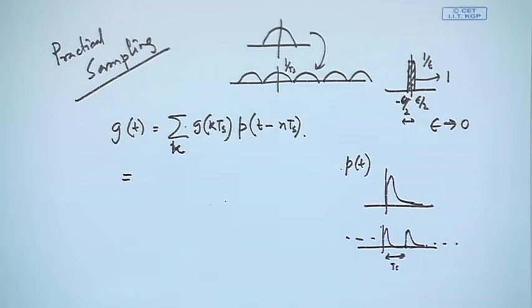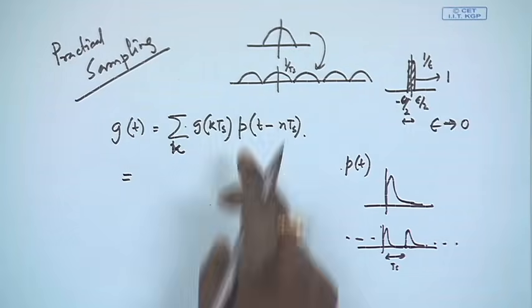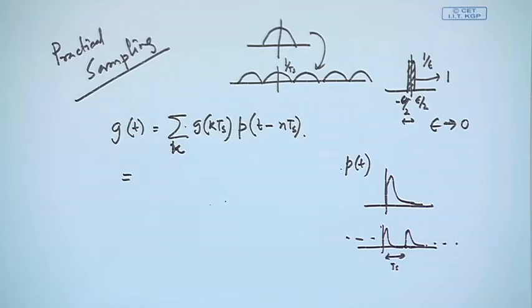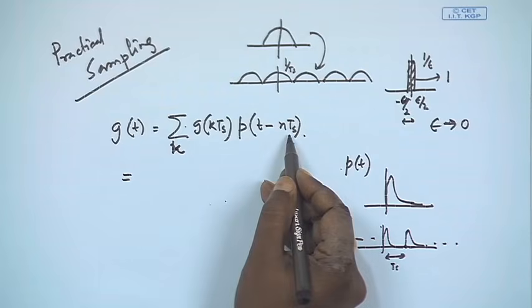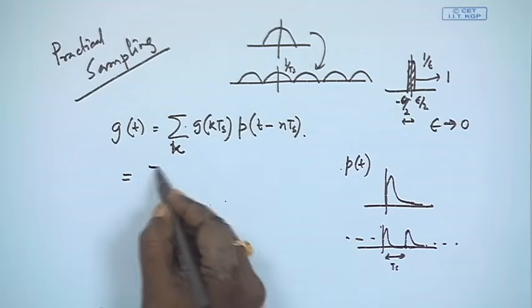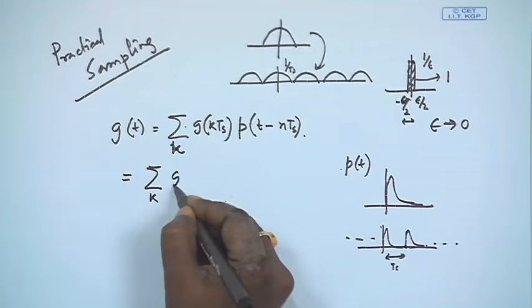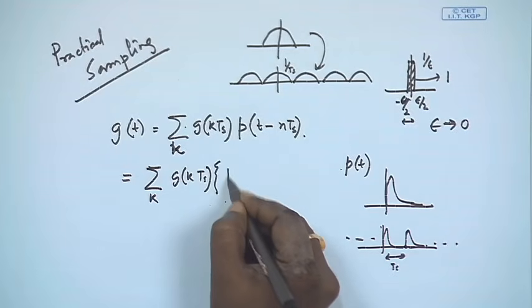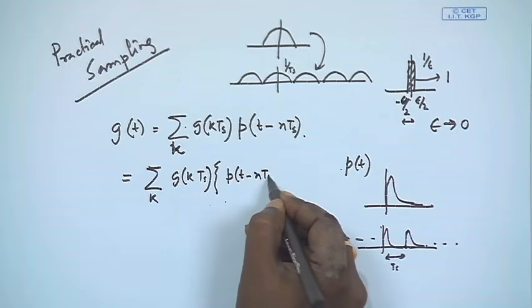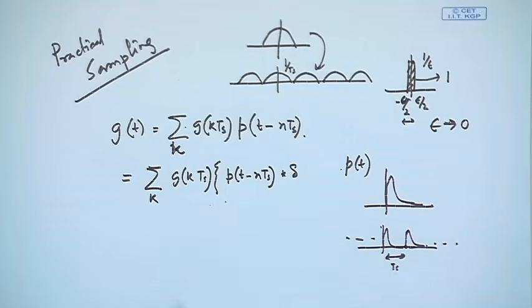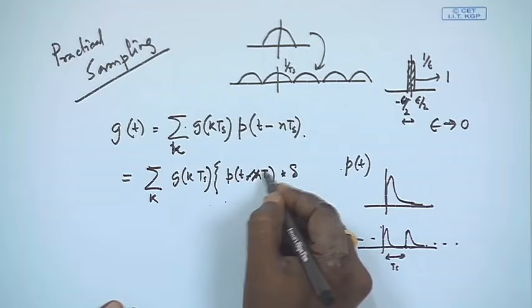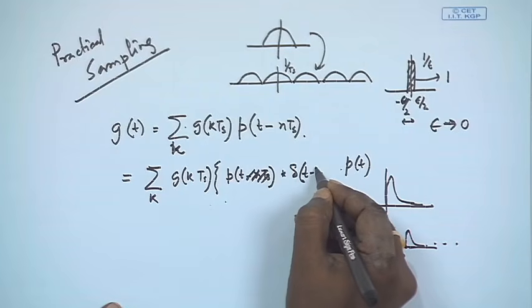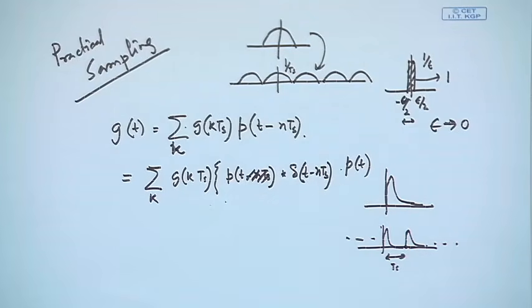But what we can say is any pulse is nothing but the convolution of that pulse with a delta. So, p(t minus nTs) I can always write mathematically as p(t) convolved with delta(t minus nTs), right.